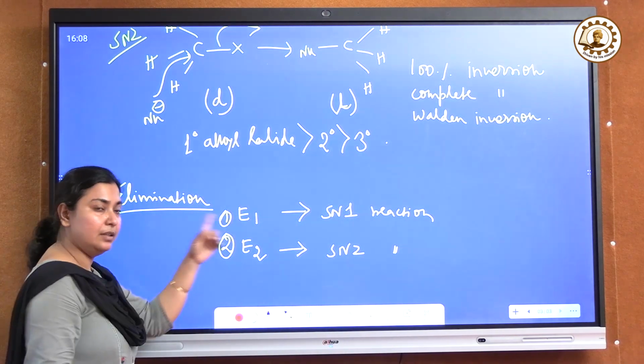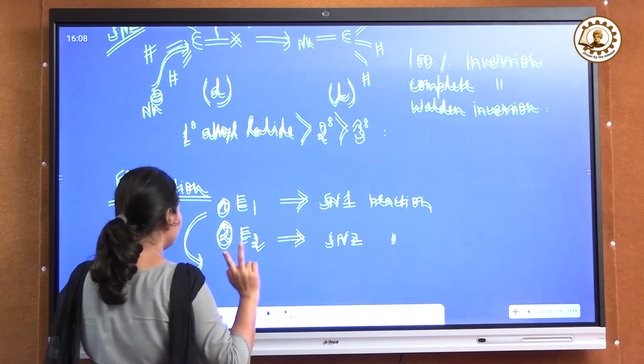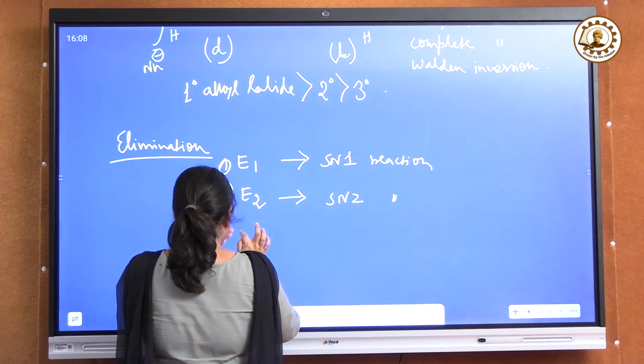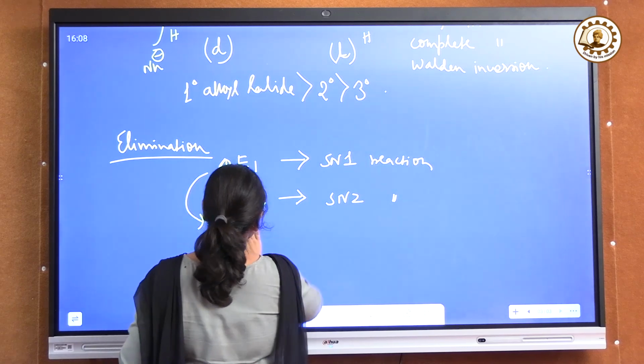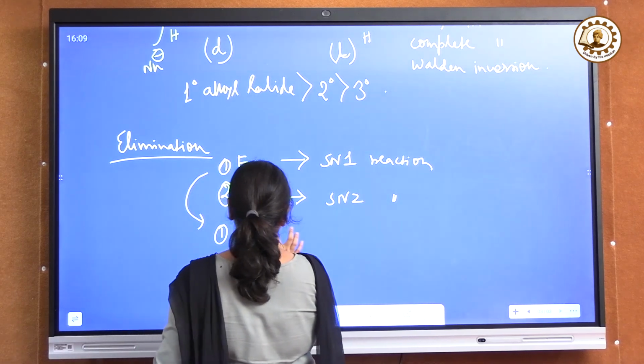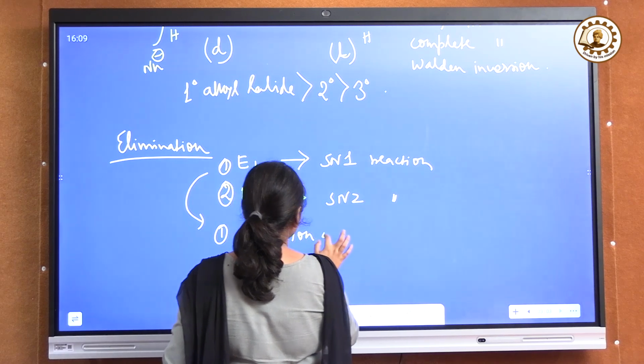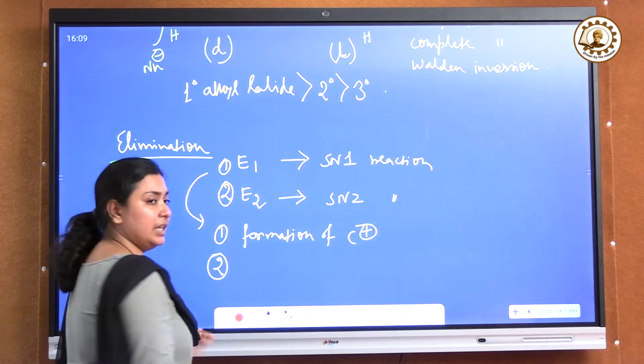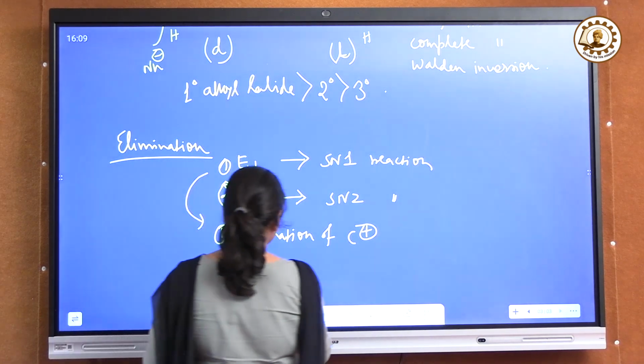E1 also follows two steps. First step is formation of carbocation, and the second step is attack of base.